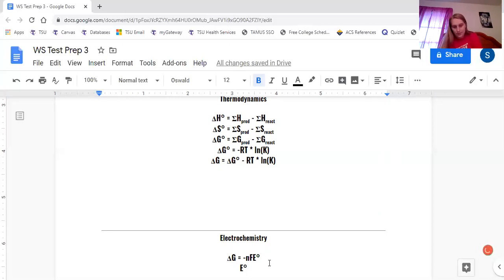And it's going to be cathode minus anode.